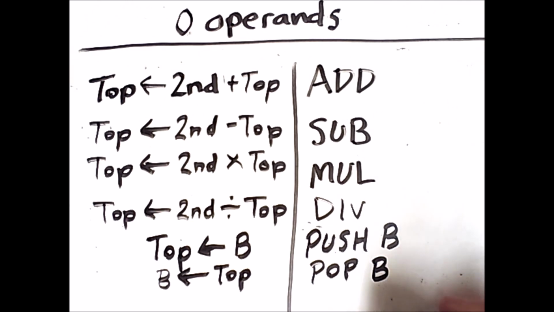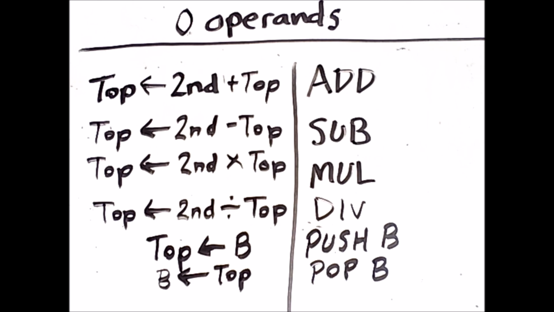The push makes B be the top element, and the previous top is now one position down. And the pop operation will actually remove the top from the stack so that a different element will be the top, assuming there are any left at all.